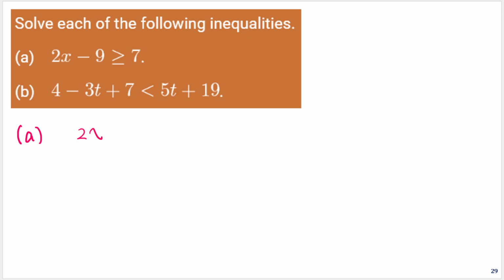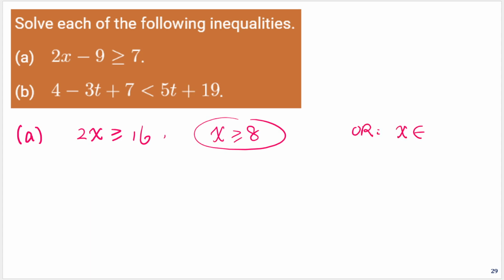So that means 2x is greater than or equal to, move negative 9 to the other side, becomes positive 9, right? So 2x is greater than or equal to 16, which means x must be greater than or equal to 8. All right, you could use x is greater than or equal to 8 like this, or you could also say x belongs to the interval from 8 inclusive to positive infinity.